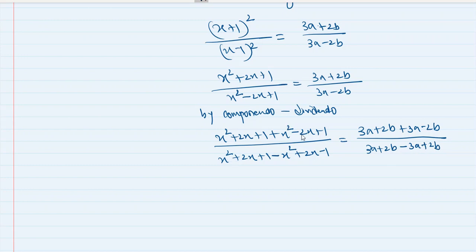So here minus 2x plus 2x will get cut. Here minus x square plus x square and plus 1 minus 1 will get cut. Here minus 2b plus 2b will get cut. Here minus 3a plus 3a will get cut.